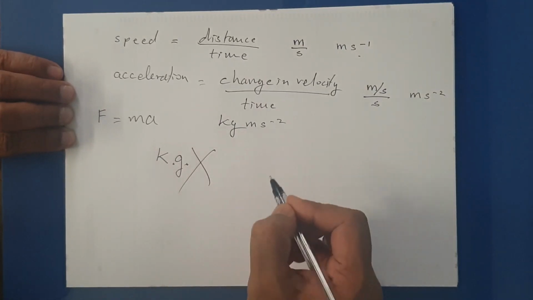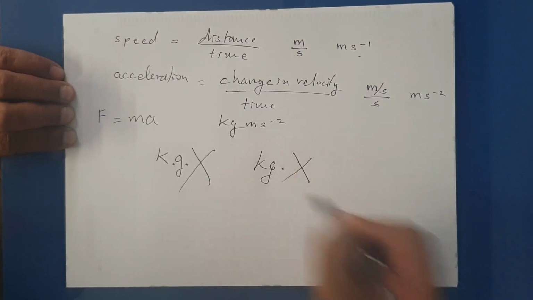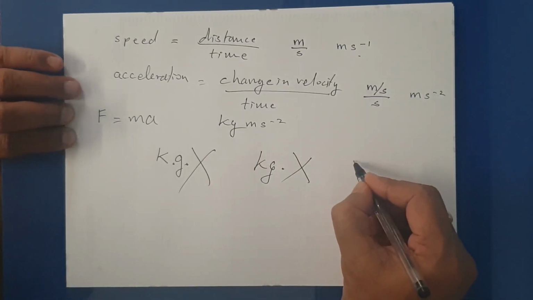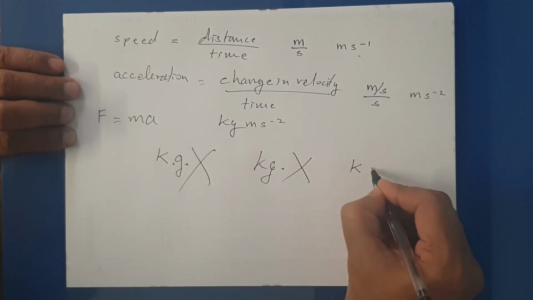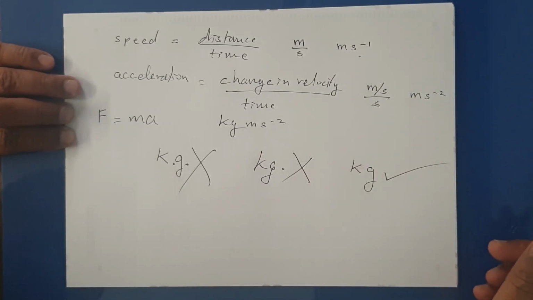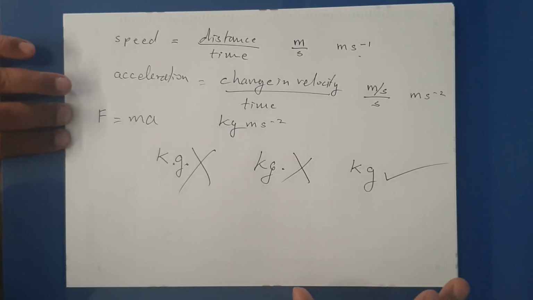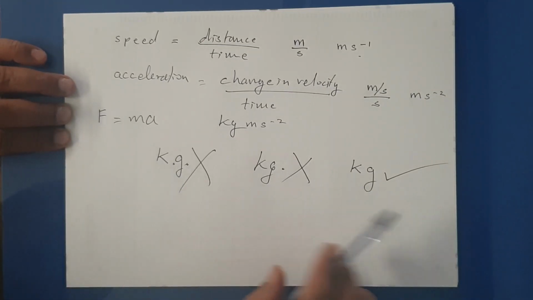This is wrong. No full stop after also. This is wrong. This is correct. No full stops to be used within or after the symbol of a unit. Is that clear? No full stop within or after.